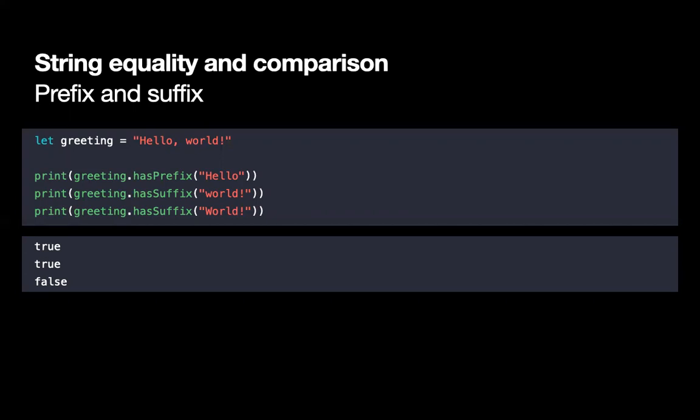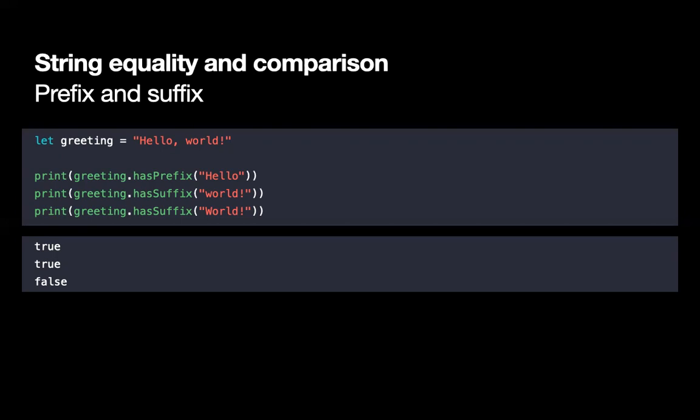So greeting dot hasPrefix checks whether the greeting string has the hello prefix or not. If it has the hello prefix, it will return true, otherwise it will return false. Our string has the prefix hello, so it will print true.